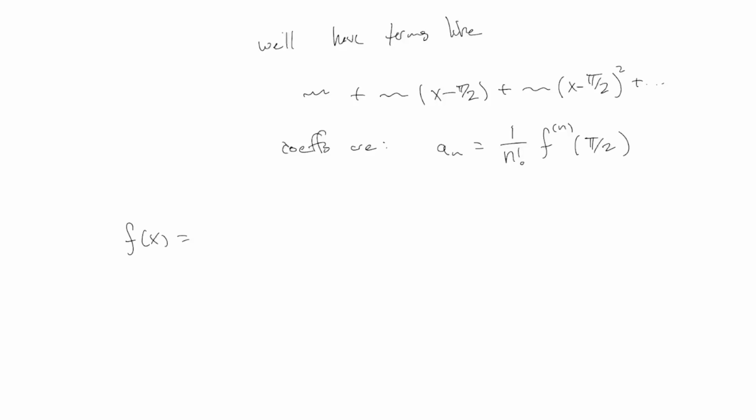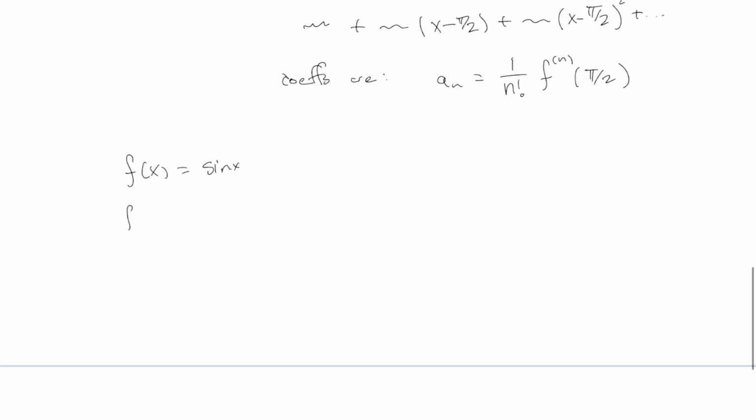The hard part of these coefficients is doing this derivative, right? The nth derivative. So we should work out ahead of time what the various derivatives are. Now this function is sine of x, which is not so hard to deal with. The derivatives here are cosine x, and then the second derivative minus sine x, and then the third derivative minus cosine x.